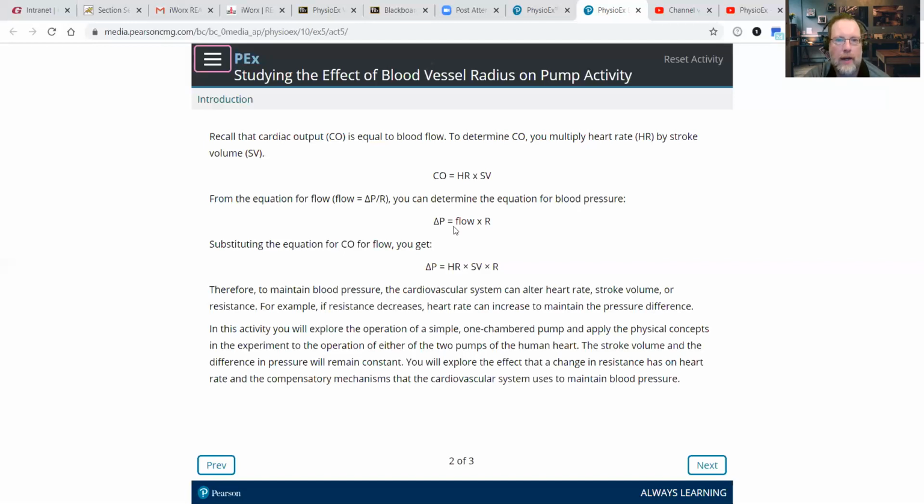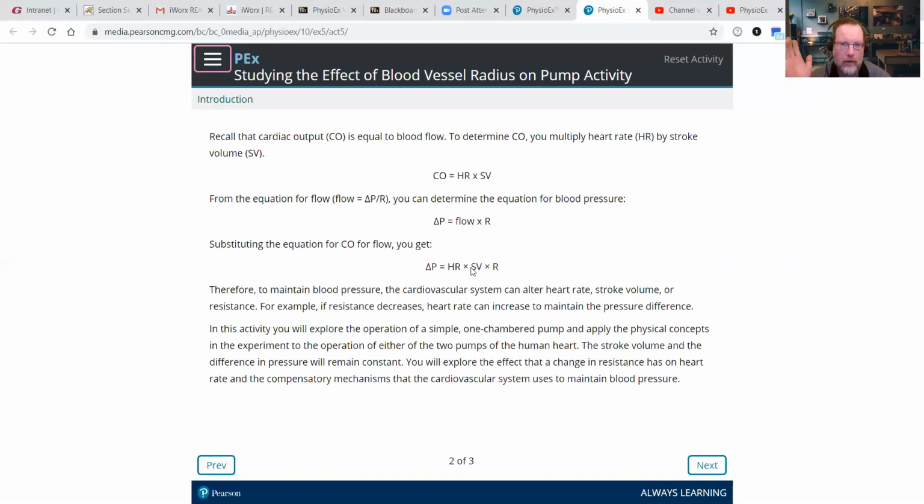So blood pressure equals cardiac output or blood flow times resistance. We can take out flow or cardiac output and insert heart rate and stroke volume. So that's what's going on here.